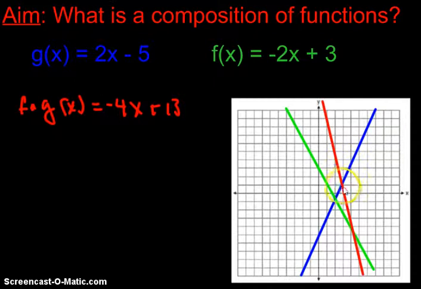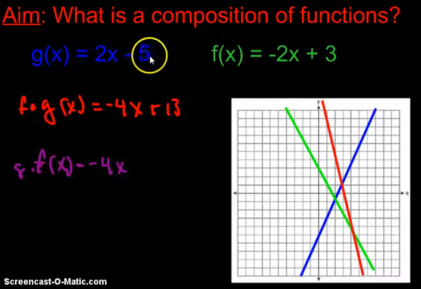You'll notice at 3 they have the same value. Let's take a look at g of f of x, which is negative 4x. That means we plugged f of x into g. So that's positive 6 minus 5, which is 1.